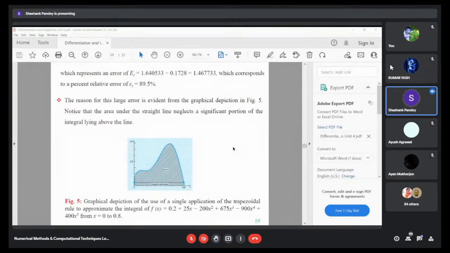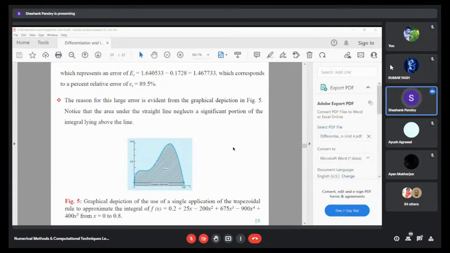If we look carefully at the graph of this function, represented by figure number 5, we can see that the formula we used, a single application of the trapezoidal rule, was calculated using a line parallel to the x-axis, which has a high value of error, and the error is represented by the shaded portion above.